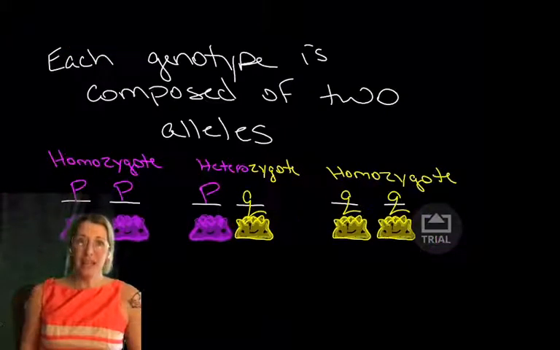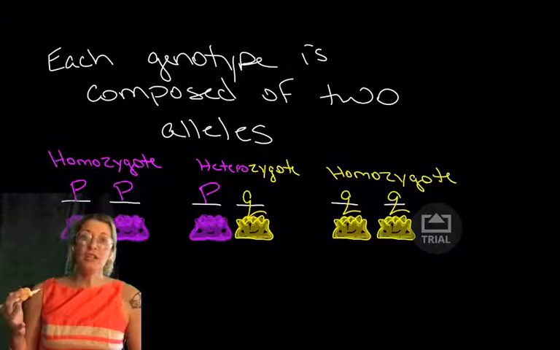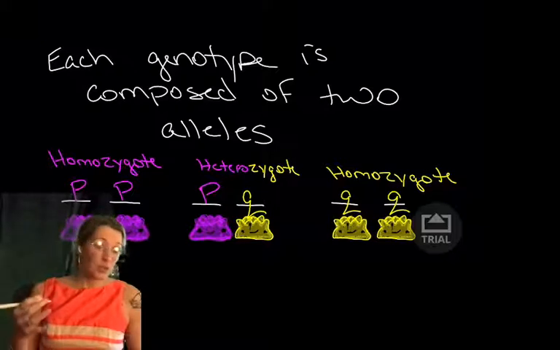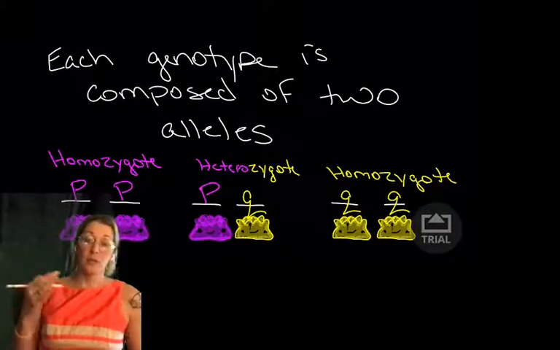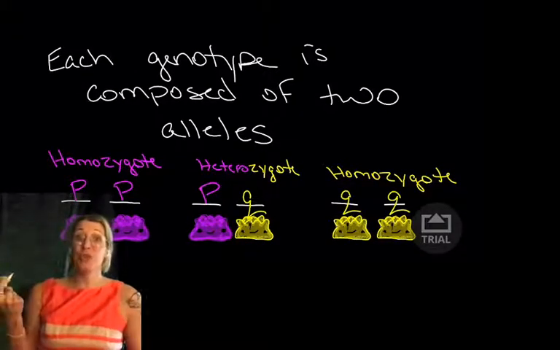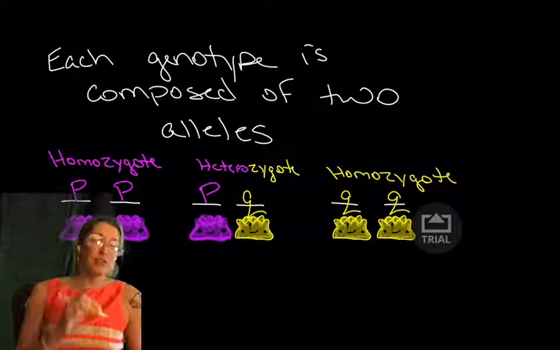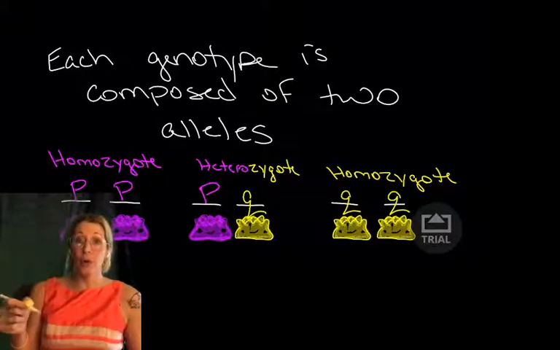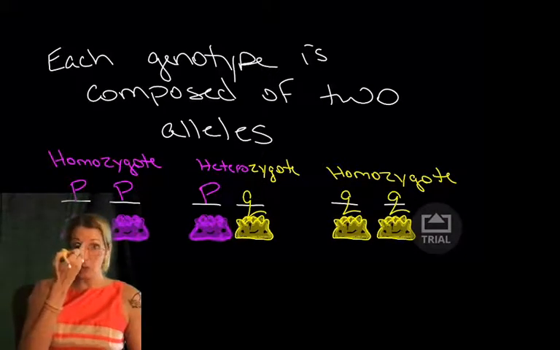When we get into genotypes, however, our genotypes are all composed of two alleles, and we can have heterozygotes. So this is where we need to bring in the concepts of the Hardy-Weinberg equilibrium, and we're going to pull in that P and Q terminology. If you see here, our homozygote has two P's, our heterozygote has a P and a Q, and our other homozygote has two Q's.